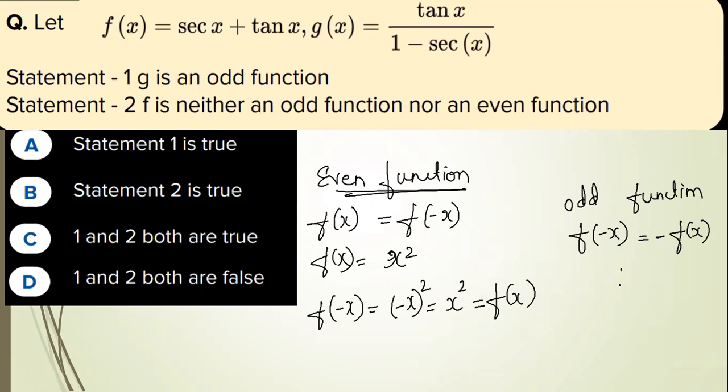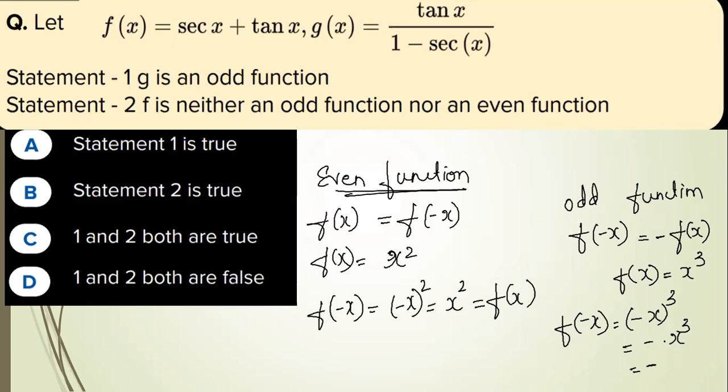Okay, suppose your function f of x is x cube. Check whether this function is odd or even. What you have to do is replace x by minus x. So f of minus x is minus x whole cube. What is minus x whole cube? It is minus x cube.